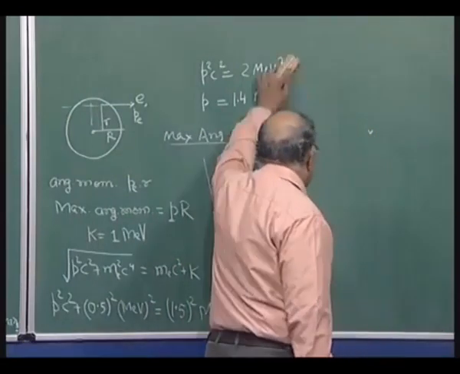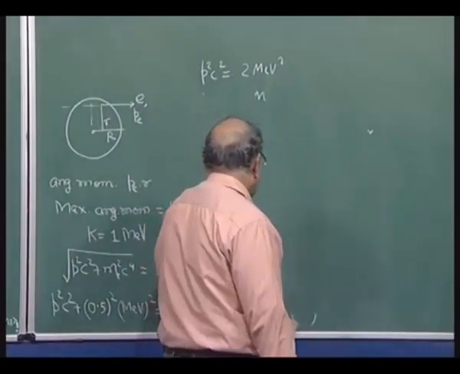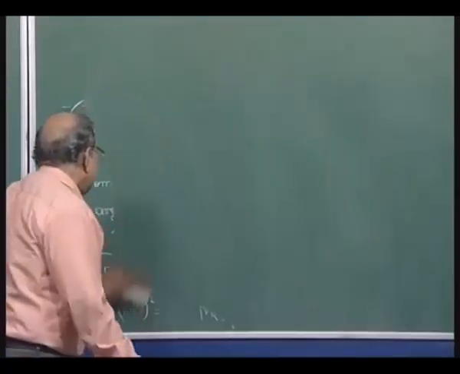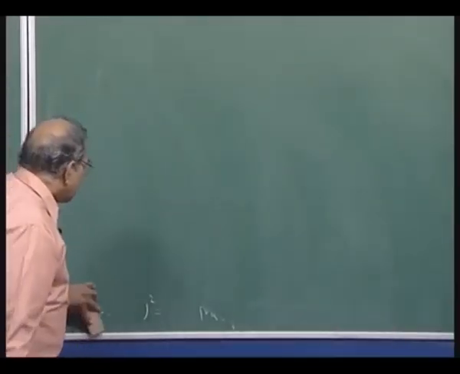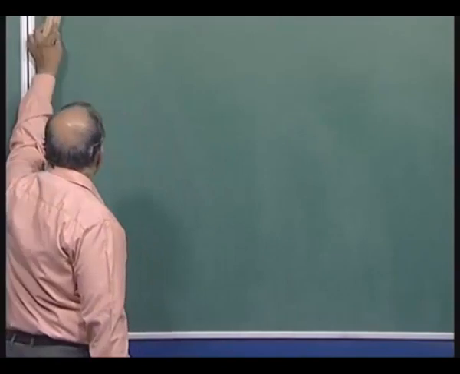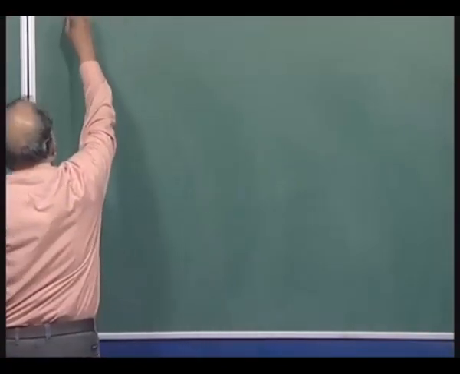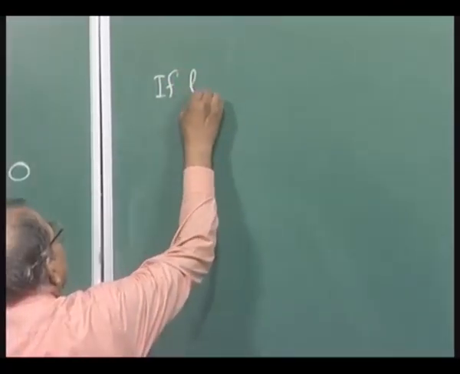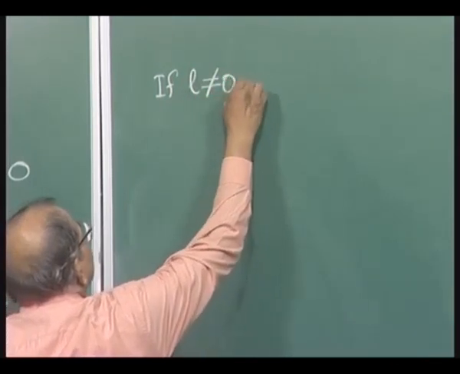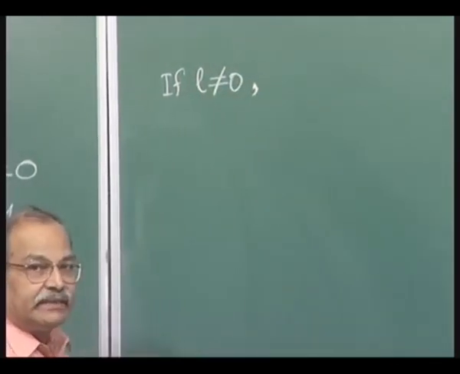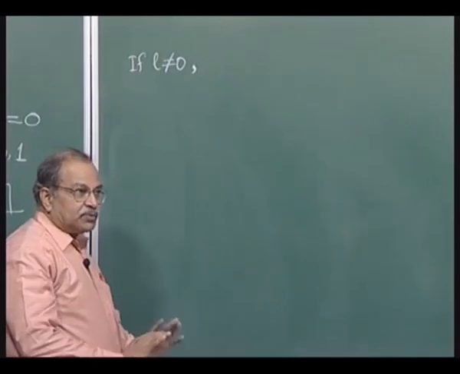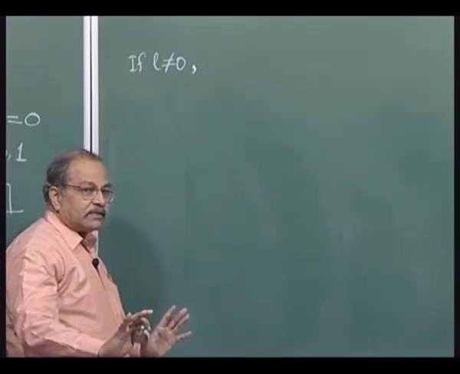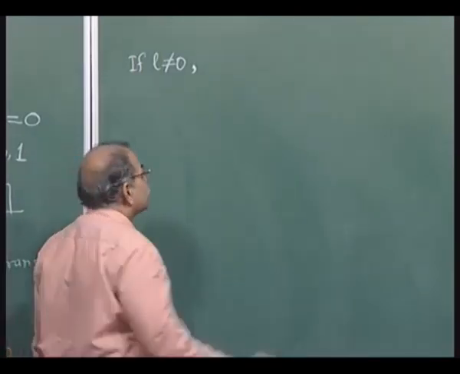Now, these decays for which L is greater than 0, where L is the orbital angular momentum taken away by the outgoing particles, if L is not equal to 0 and beta decay takes place, those beta decays are known as forbidden decays.